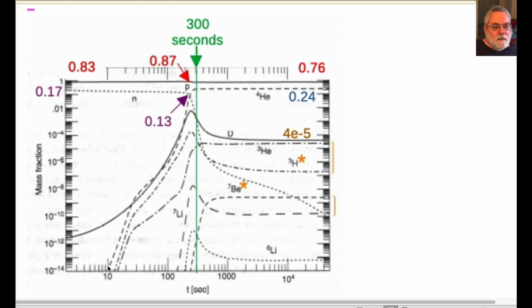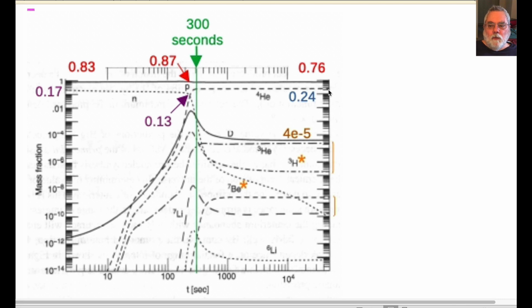It was much less than the amount of deuterium, but growing faster, and then it achieved parity, and then finally it sucked up most of the remaining deuterium and plateaued here, the helium-4. So helium-4 takes up most of the neutrons within 300 seconds, here, and its mass fraction ends up at 0.24, as seen in the outer layers of most stars.